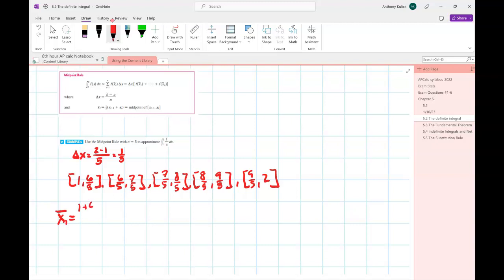That's just the first point plus the endpoints added together divided by 2. To do that calculation quickly, I'm just going to multiply the top and bottom by 5. So that's going to give me 5 plus 6 over 10. So that would be 11/10.